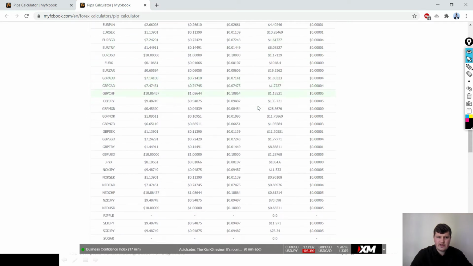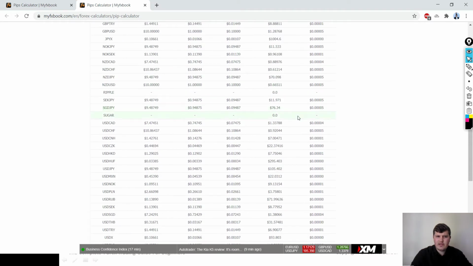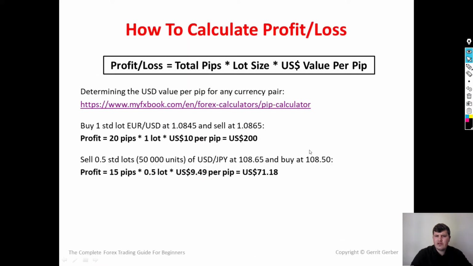Calculate, just scrolling to the dollar Japanese yen, it's over here. It has a dollar value per pip at time of recording of $9.49. So just going back to this equation, $9.49 per pip leaves you with a profit of $71.18.